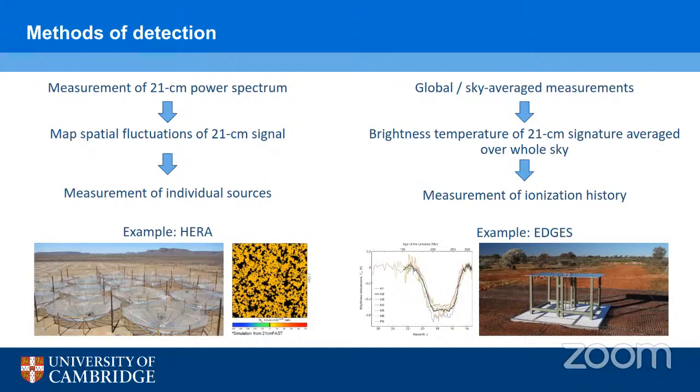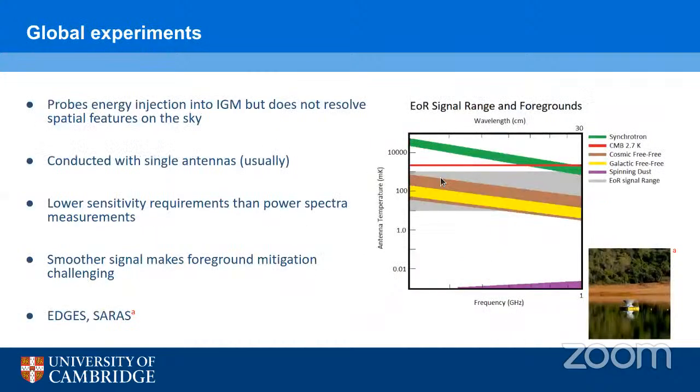And of course, looking at this foreground plot, we see that the synchrotron radiation is many orders of magnitude, maybe up to 5 orders of magnitude higher than this 200 millikelvin deviation from the cosmic background that we expect to see from this very smooth global signal.